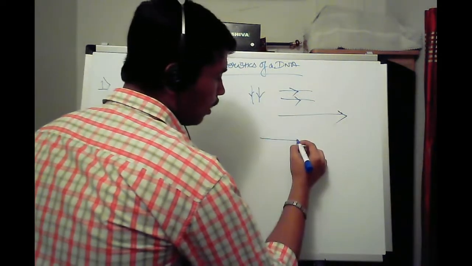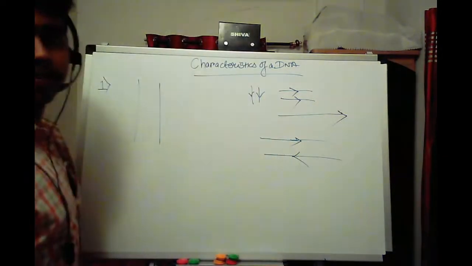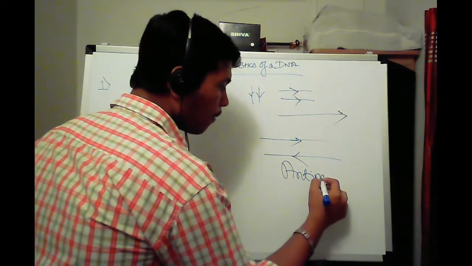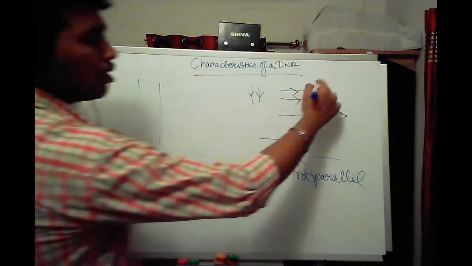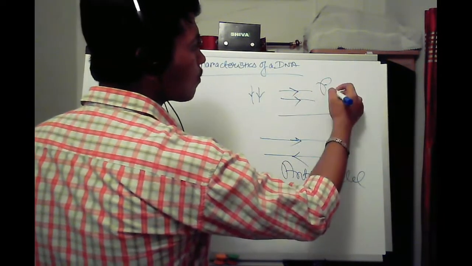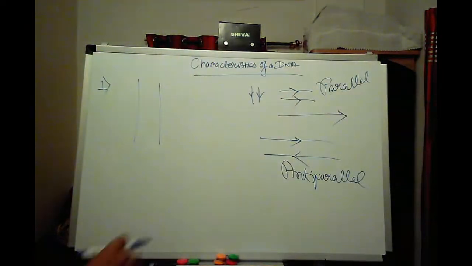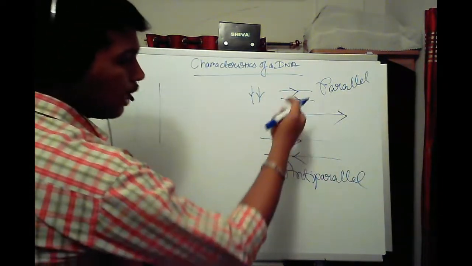If one line goes like this and another one goes the opposite of it, this is known as anti-parallel. These are parallels. See, if this is the direction, the one going in this direction is parallel to it, and this one is anti-parallel to this one.